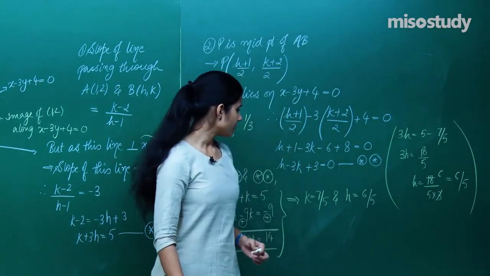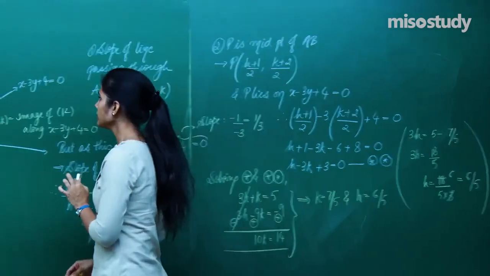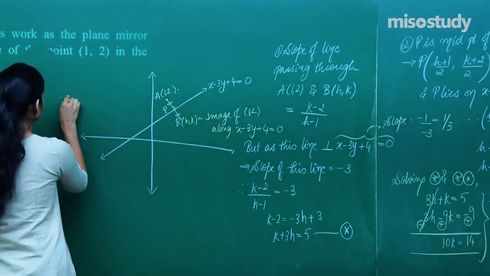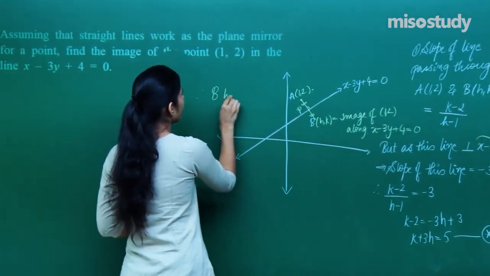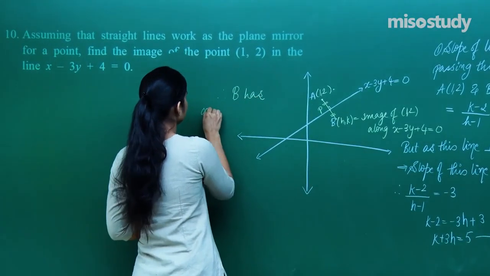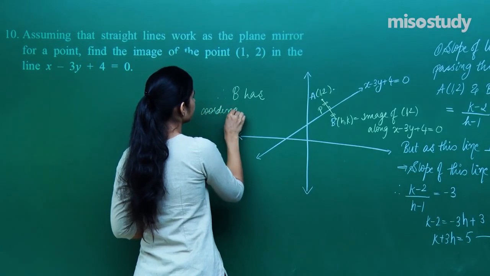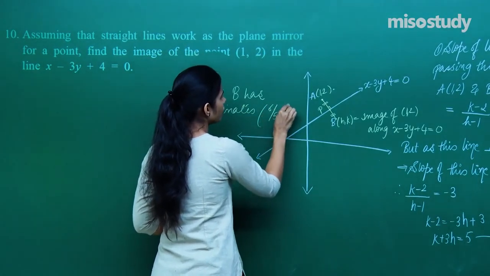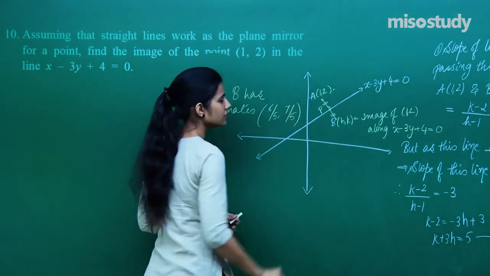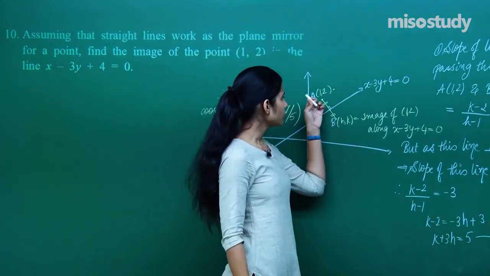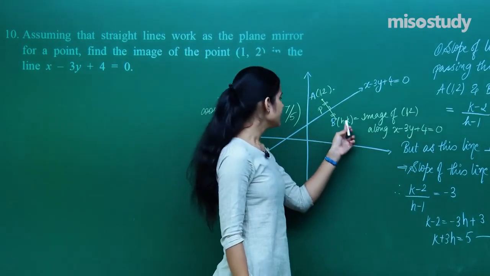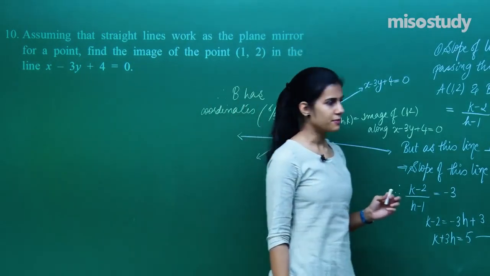So if h is 6 by 5, k is 7 by 5, therefore coordinates of point B are 6 by 5, 7 by 5. So the image of point 1, 2 along this line x minus 3y plus 4 equals 0 is equal to 6 by 5, 7 by 5.